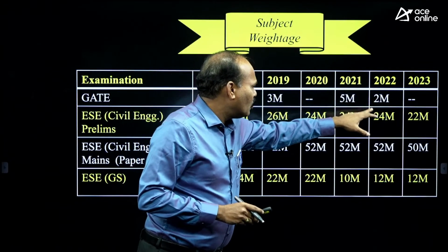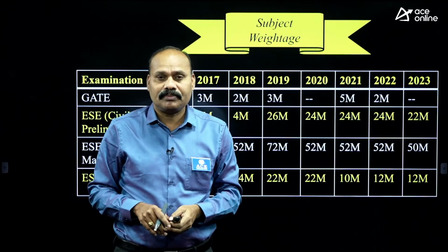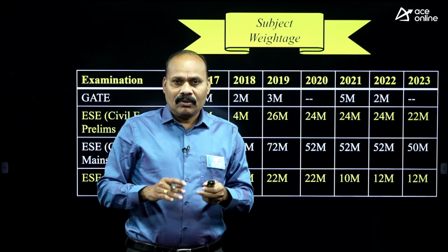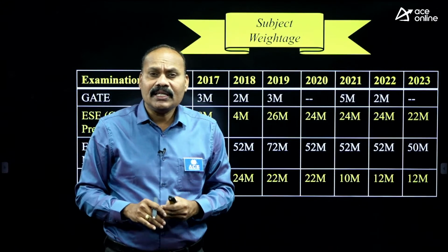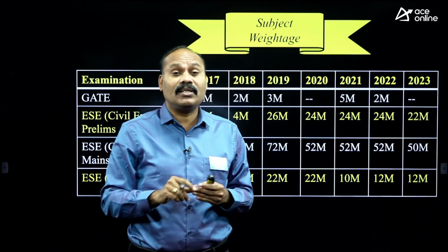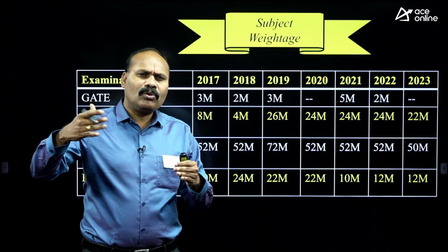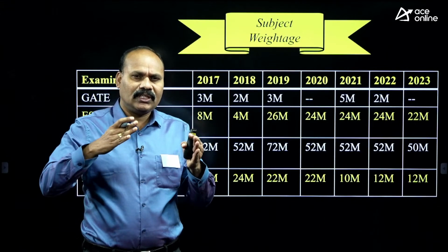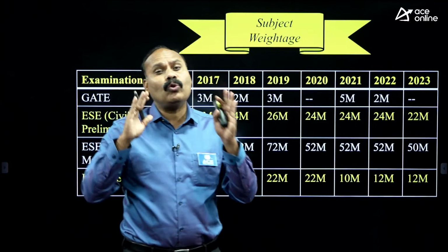Almost 7 papers I have analyzed. Like this we can analyze for all subjects. At least 5 papers you have to refer. If you refer more than 5, of course 6, 7 papers you can refer, but we should not refer very old papers.